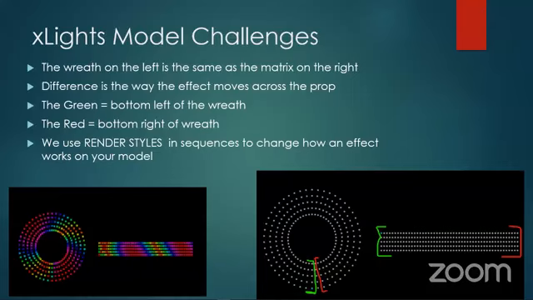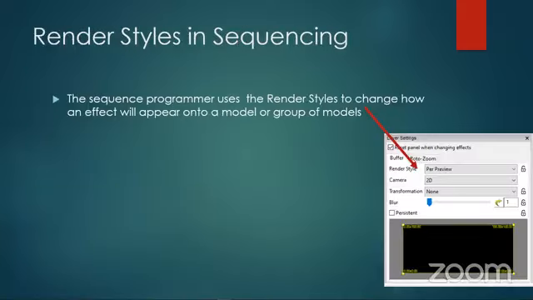And so basically, what we're going to do is change the look of the effect based on the way that xLights is pushing the data to those pixels. So what we use is this box called the layer setting box, and we use a render style.